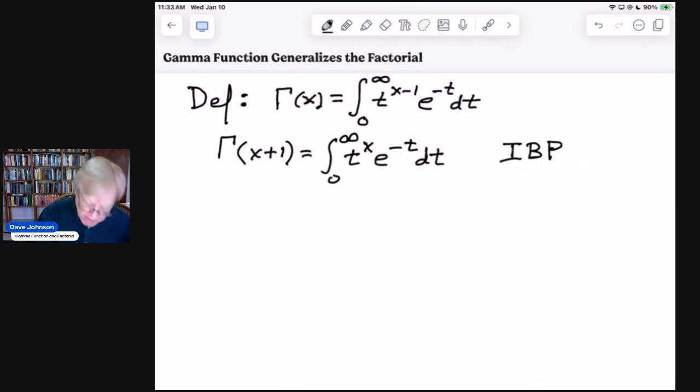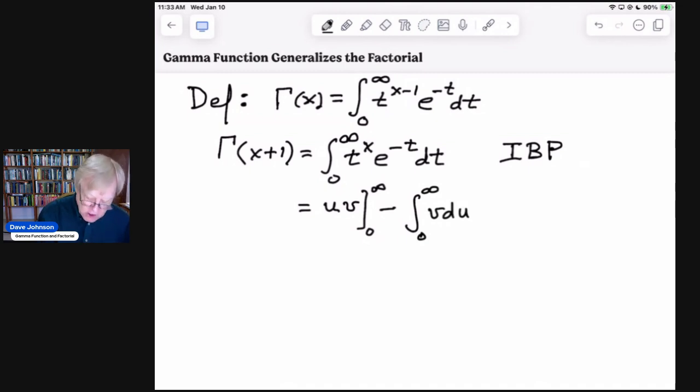I'm not going to talk much about it except to say that we break the integral into parts, and if we do that properly, we can write this as uv evaluated from 0 to infinity minus the integral of v du, again evaluated from 0 to infinity, where u and v are chosen appropriately.